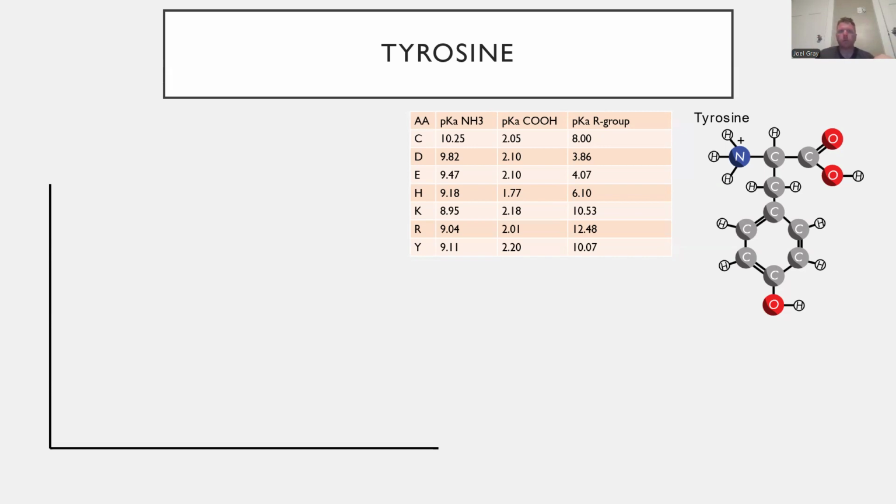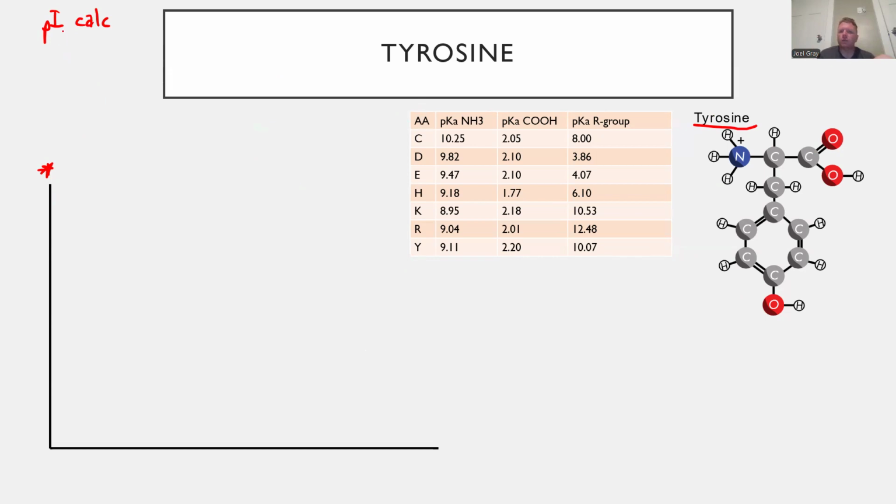Whenever I say do another example, what I want to do is take this amino acid over here, tyrosine. And with tyrosine, I'm going to go through and draw a titration curve indicated over here. And then I'm going to do a PI calculation, PI calc.